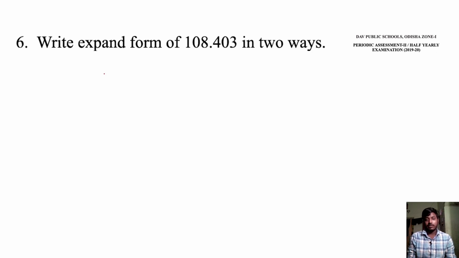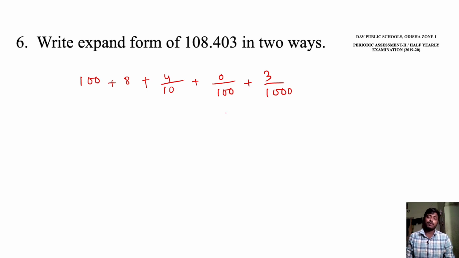What is the expanded form? In 2 ways. Okay. So first we can write 100 plus 8 plus 4 by 10 plus 0 by 100 plus 3 by 1000. Yes or no?